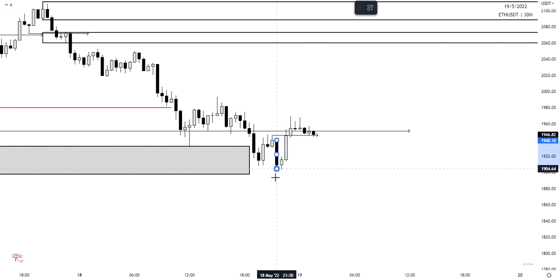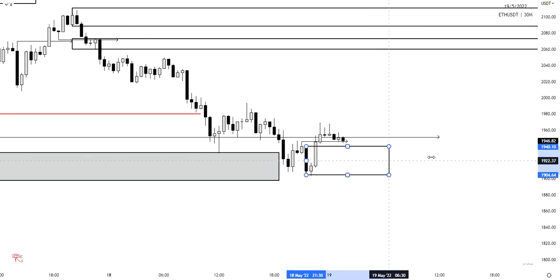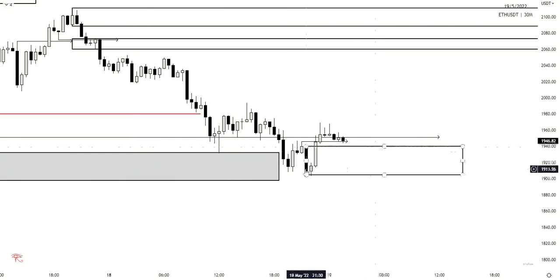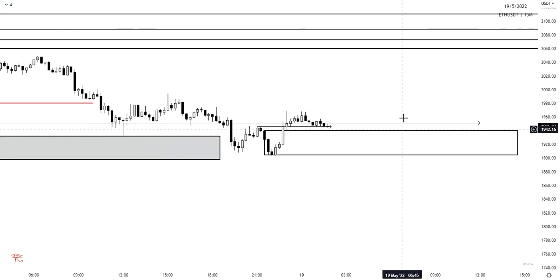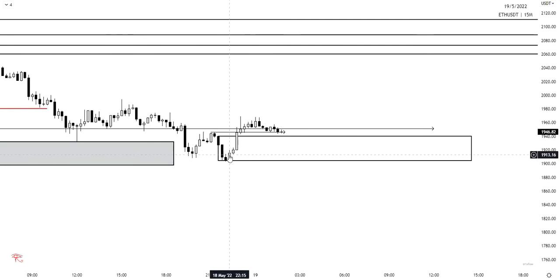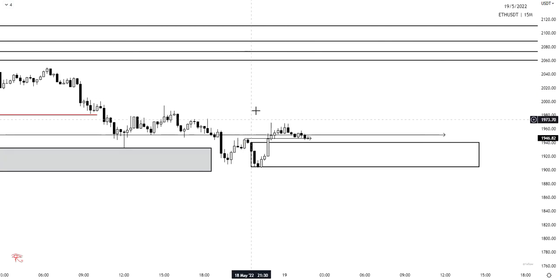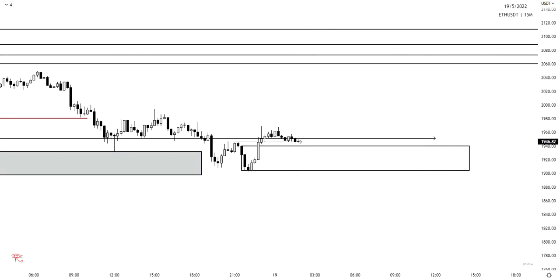I have an institutional candle here, as well as my demand zone, right? If we go on the 15-minute, we can see the imbalances that this candle left after it broke structure to the upside. So in the consolidation, there's demand down here in this area, but I signified my 30-minute demand from that 30-minute break of structure to the upside.